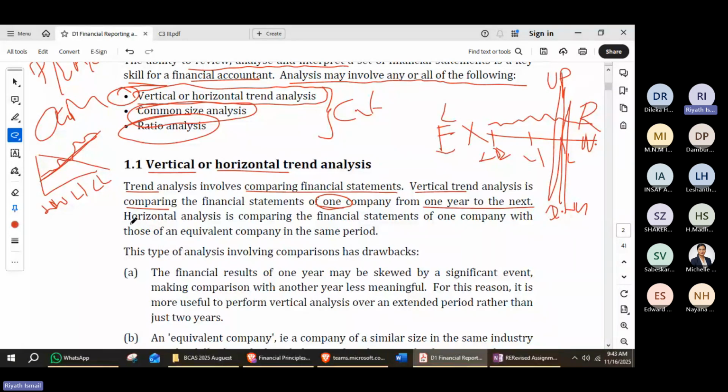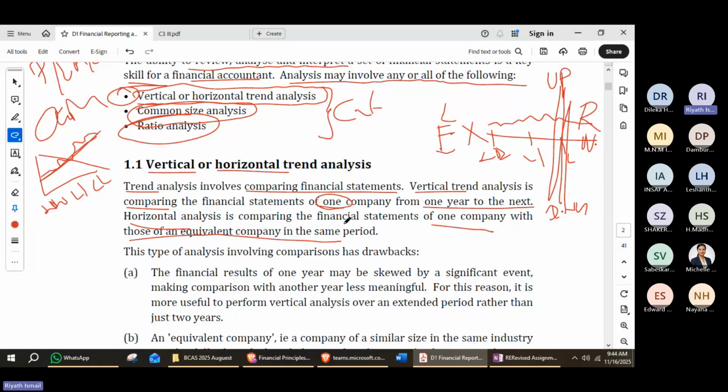The horizontal analysis is comparing the financial statements of one company with those of an equivalent company. It compares the company's performance with a competing firm or other similar firm. In your life, you compare your career path with your friends, with your colleagues, right?